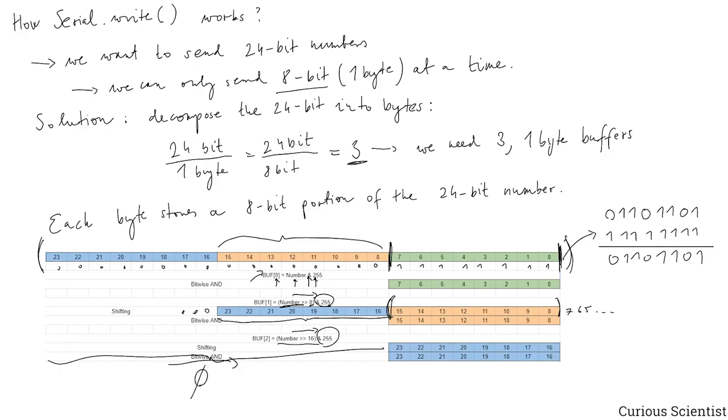But just to be sure that we keep only these first 8 bits, we use the bitwise AND operation with 255. So then we really just have these numbers. This is how the code works when we send the data, which is 24 bits, in 3 chunks to the computer. Then let's go back to the Arduino code and look at the other code.